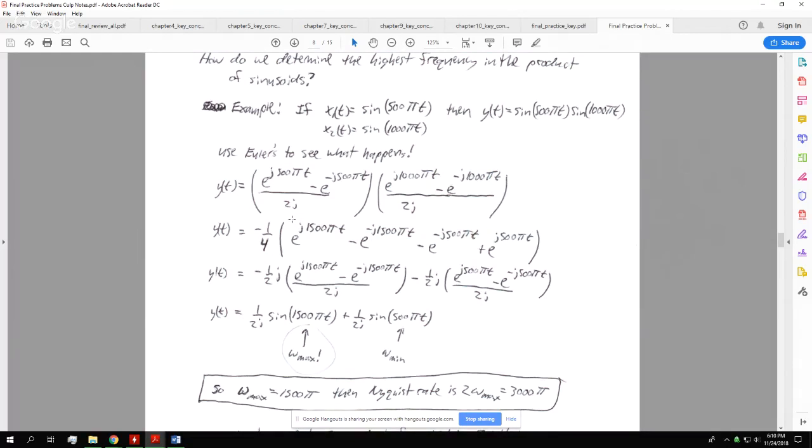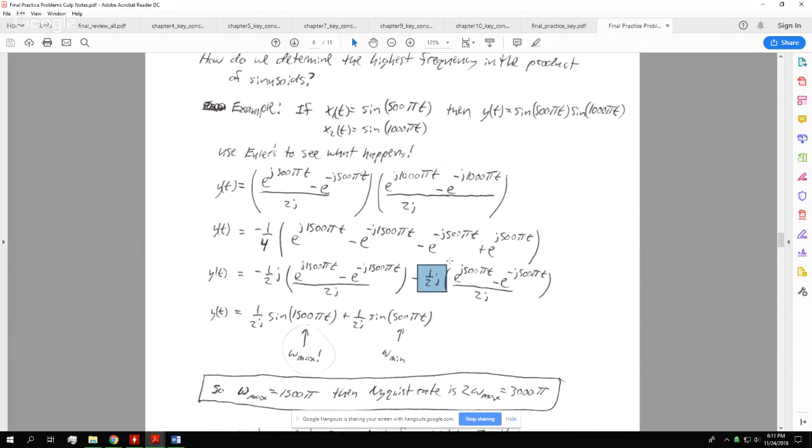And so I wrote these in order, so I have my 1,500s next to each other and my 500s next to each other. Then I grouped them so that I can use Euler's identity to reconvert them back to a sinusoid that I'm used to seeing. And remember, I just have to rescale. I have a well-chosen one to rescale this, so I can keep this in the Euler's identity form.